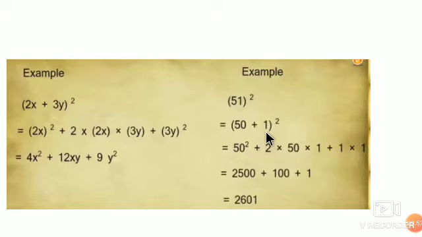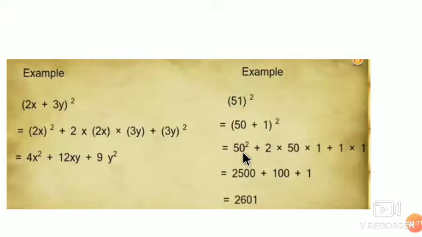You have learned this expanded form in third standard. So the expanded form of 51 is (50 plus 1) whole square. Again say the formula. Square of the first term, 50 square, plus 2 multiplied by first term multiplied by second term, plus the square of the second term, 1 into 1.